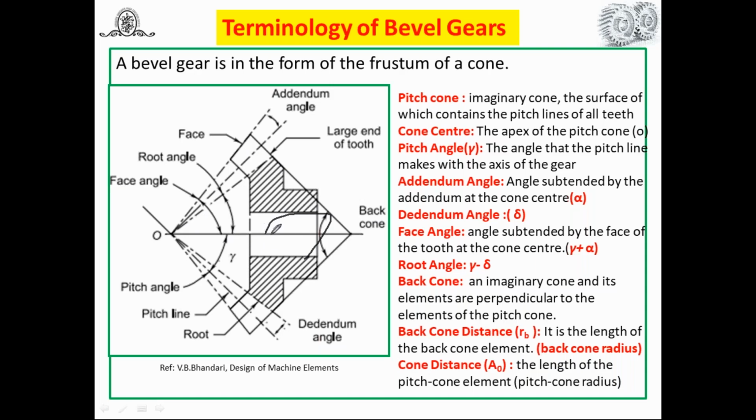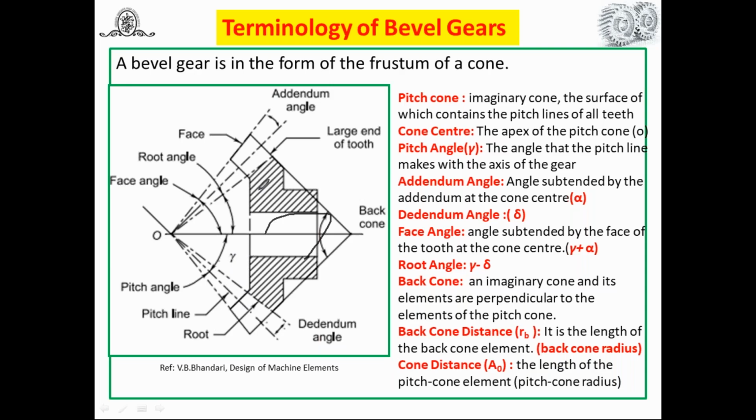You will find this is the axis. Then second, this is the pitch line where this gear matches with the other gear. Then the angle made by this pitch line with the axis is known as the pitch angle. It is denoted by gamma. Look at this gamma. Then this is the pitch line, as I have already mentioned.